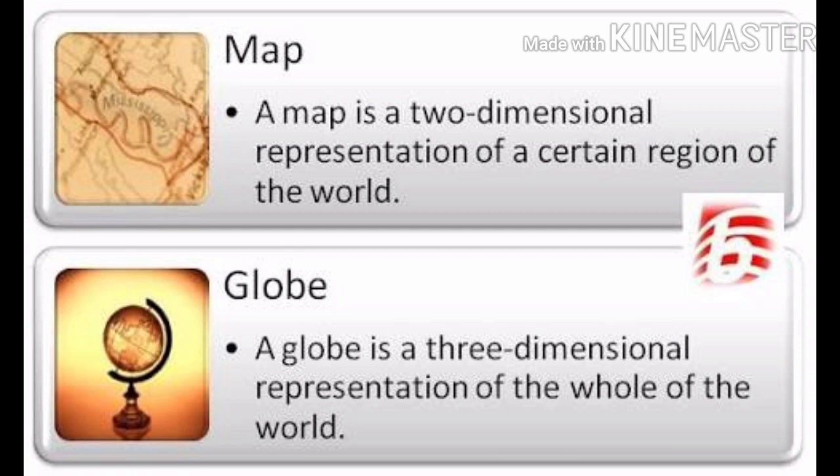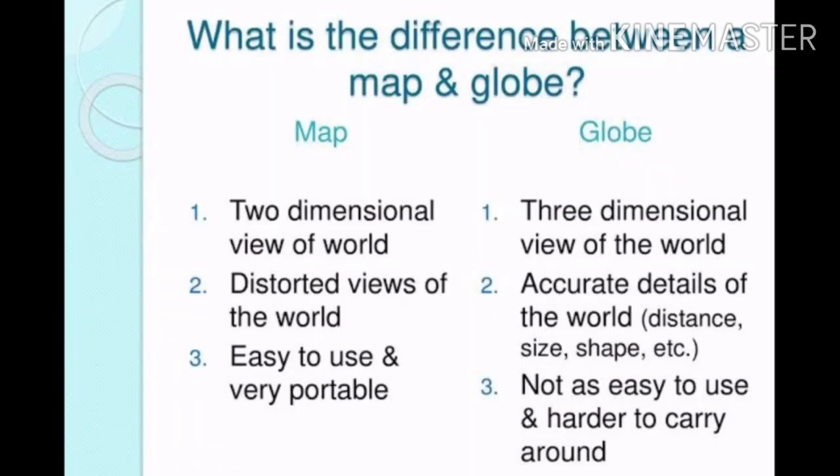On a globe you can see the location and direction of a certain country, continent or river, but it is not very clearly possible on a map, because a map gives only a two-dimensional presentation.